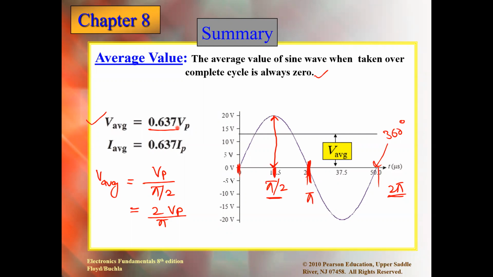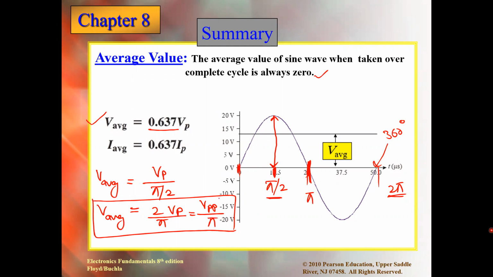So it's easier, right? And also 2 over pi. And you know what 2 VP is? Remember we just discussed twice the peak value. What is that? Can we say it is VPP? So V average, this is the formula.